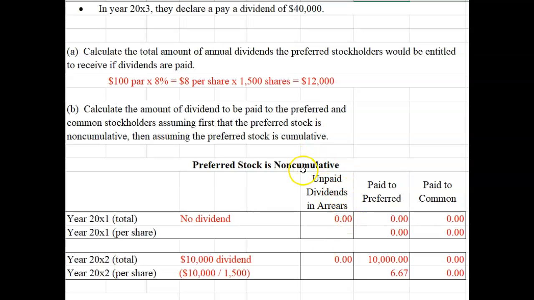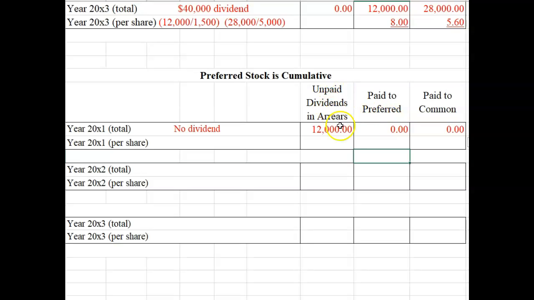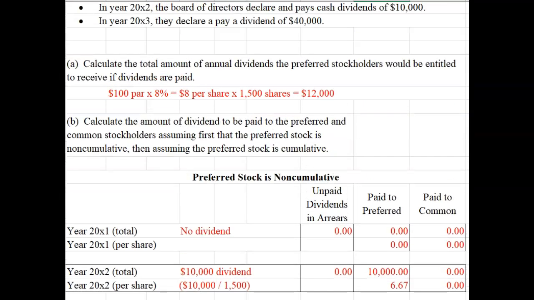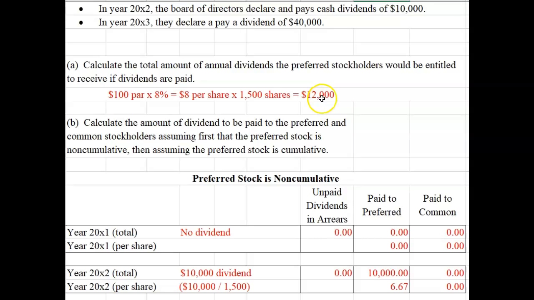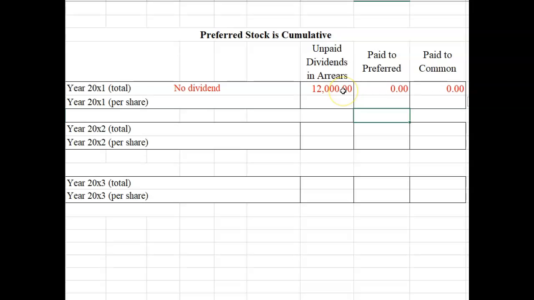But under cumulative preferred stock, what they miss out on, they're entitled to receive in the future if dividends are paid in the future. So, unpaid dividends in arrears in year one was $12,000. That's our commitment to the preferred shareholders. And no dividends were paid, therefore, we're in arrears in the payment of dividends due to our cumulative preferred shareholders.